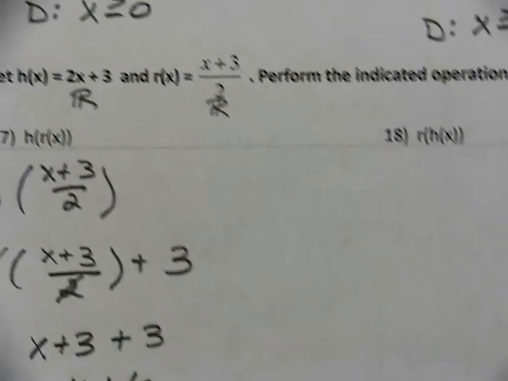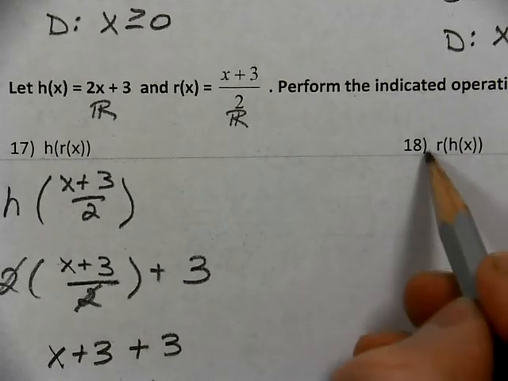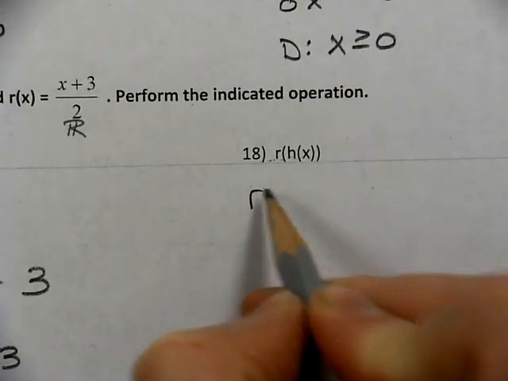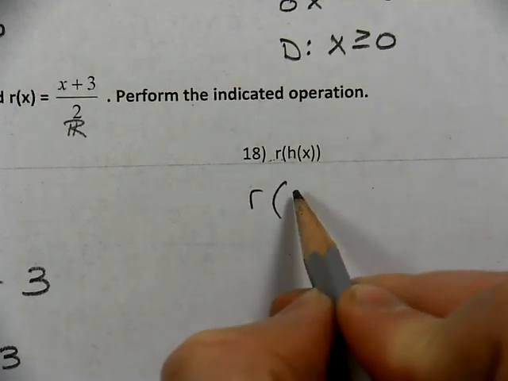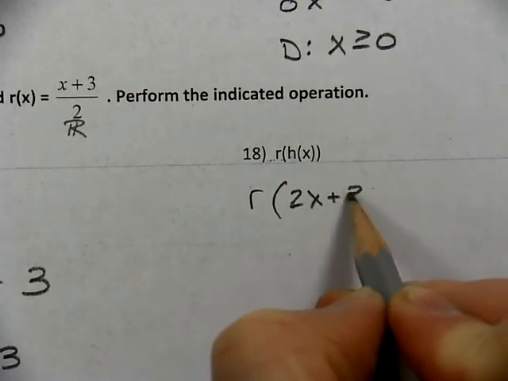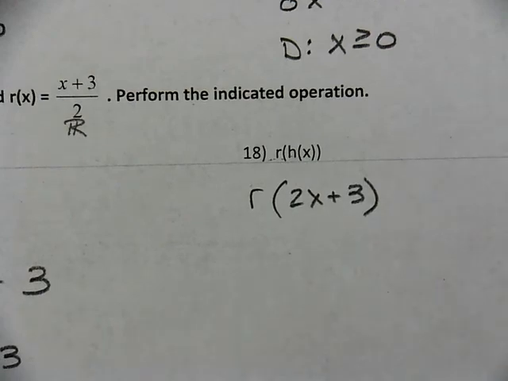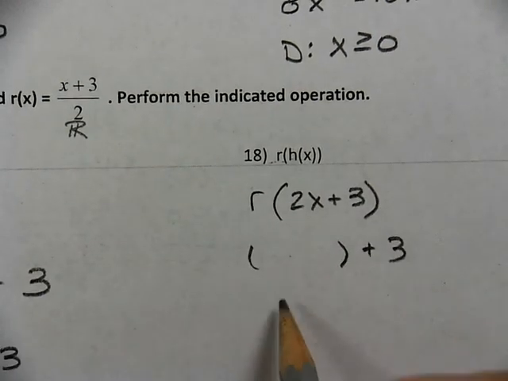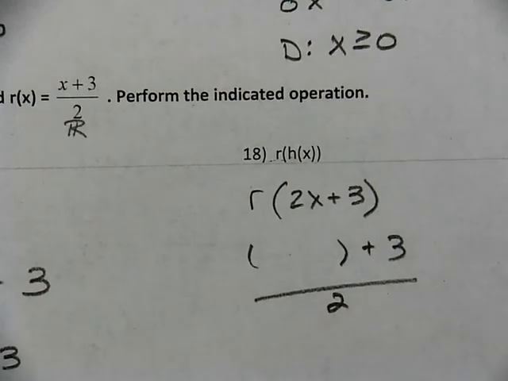Last question. R of h of x. So we're going to take the r, plug the h inside of it, 2x plus 3. The r function is something plus 3 divided by 2.